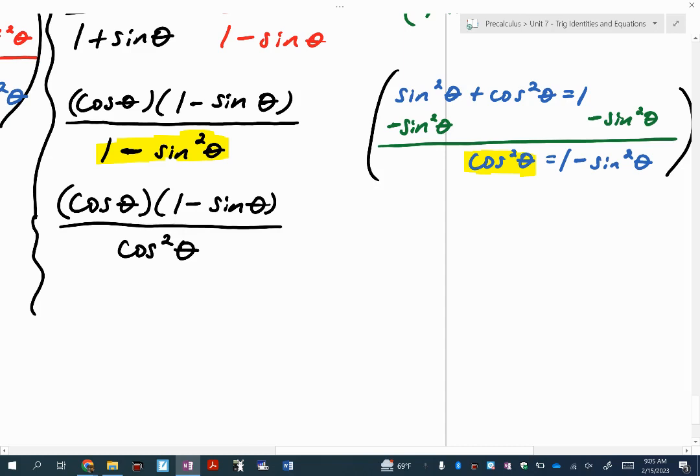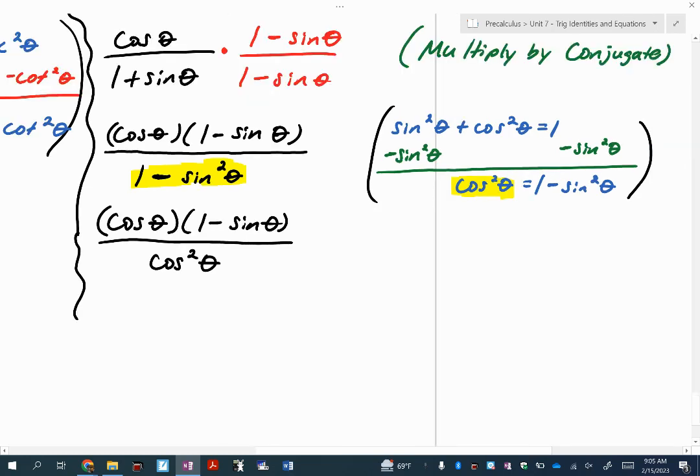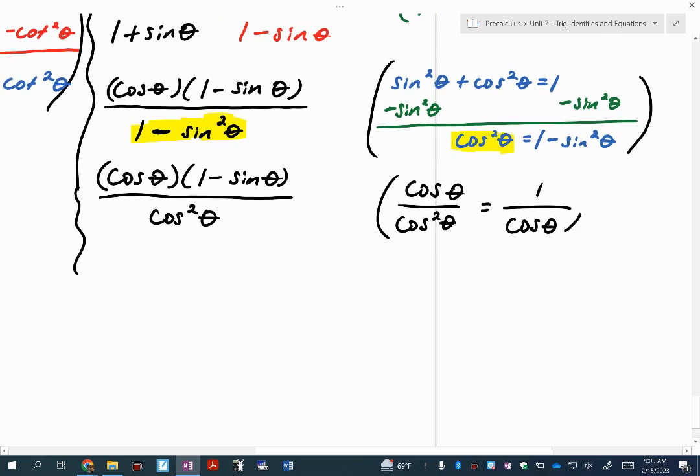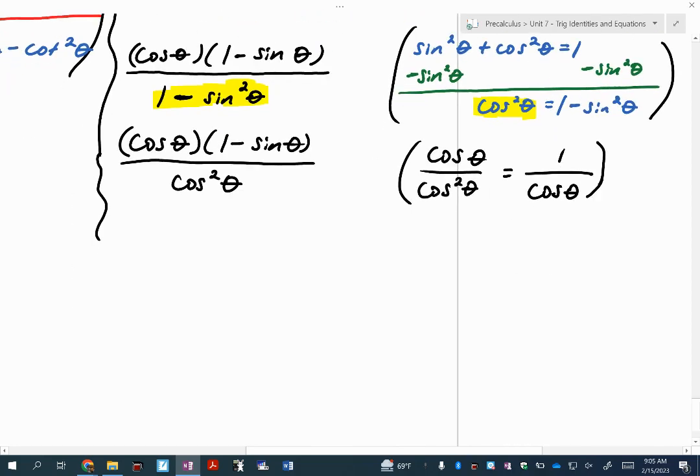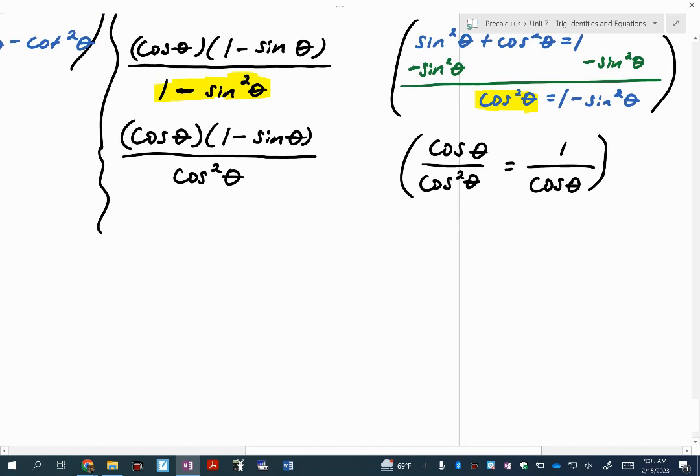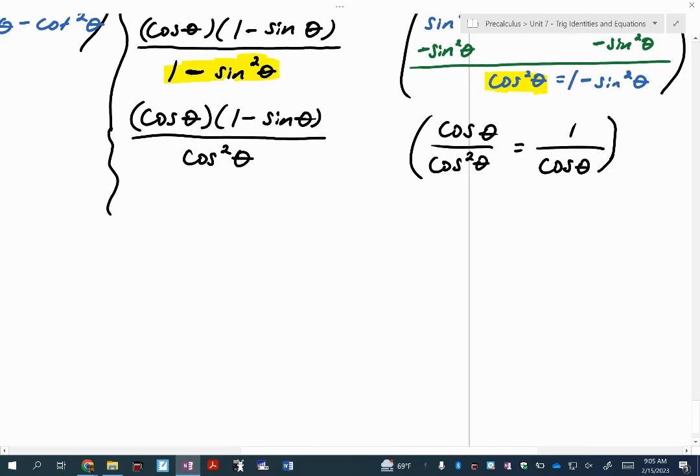My last thing is, I notice I have a cosine of theta at the top, cosine squared theta at the bottom, and so I can actually, I guess I'll show my work here, right? Cosine of theta over cosine squared theta equals 1 over cosine theta. When you cross out, kind of like your days in algebra or even pre-algebra when you had x over x squared, it's just an x in the bottom.